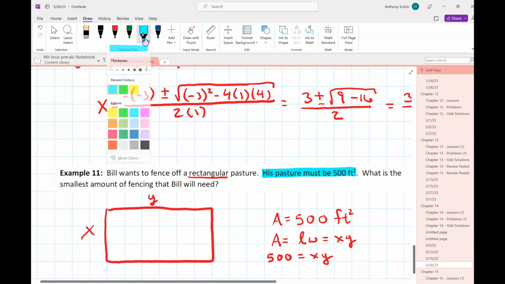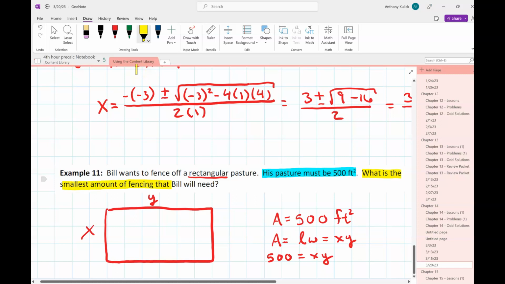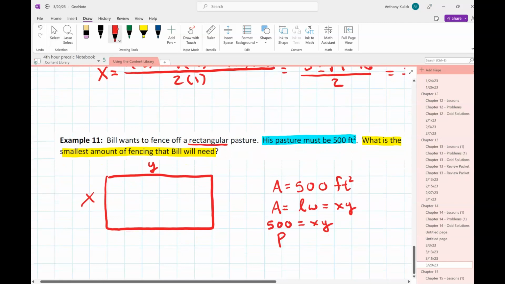Okay. The next part asks, what is the smallest amount of rectangular fencing Bill will need? What is the amount of fencing? That's the perimeter, right? Good. And how do I calculate the perimeter for a rectangle? What is the perimeter describing? Just like the distance around, right?